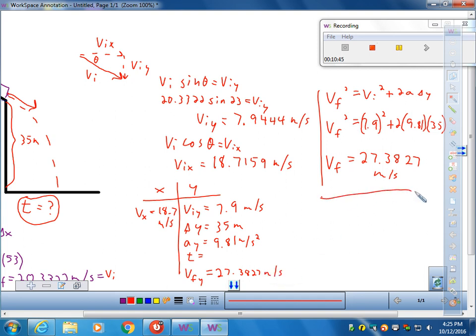At that point, we're going to take that number and put it into VF equals VI plus AT, and we're getting quite close here to our goal.